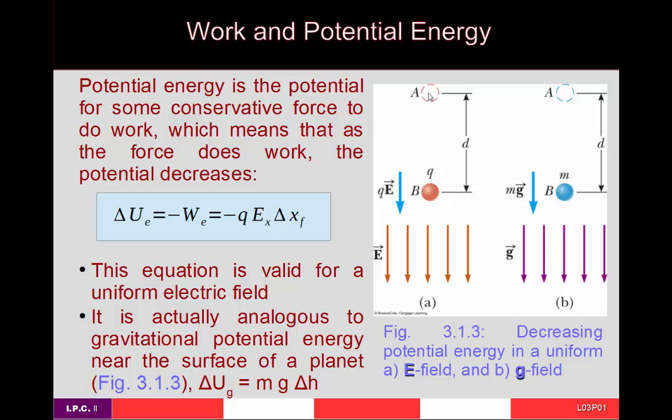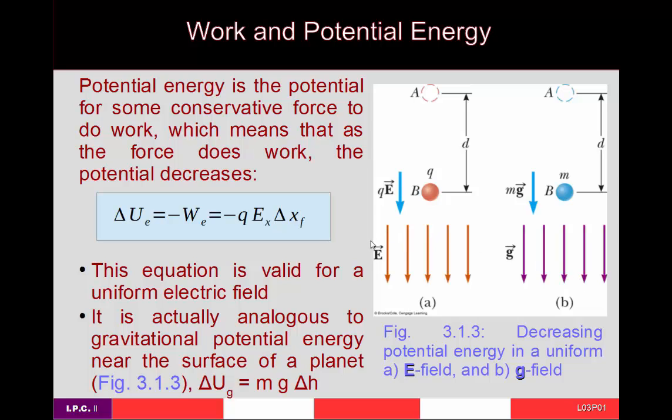So similarly, we use q times E times delta x, or q times E times d, where d is in the direction of the E field. And in both cases, we're assuming a constant uniform field. In the case of gravity, recall that if the field is not uniform, we have another equation that goes with this.